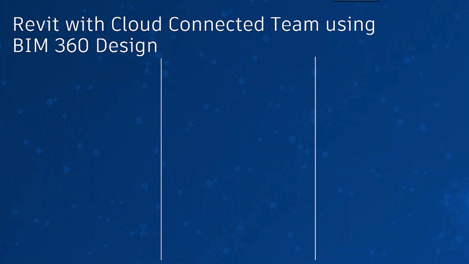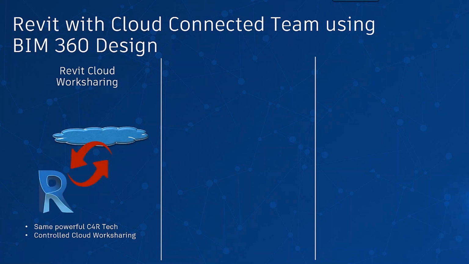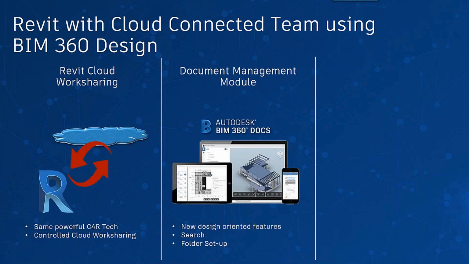And this is where BIM 360 design comes into play. So with Revit, we're able to save and work on a cloud model, making our changes to our design, and that data that's stored in the cloud is connectable via BIM 360 Docs.